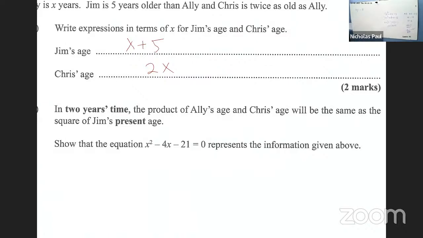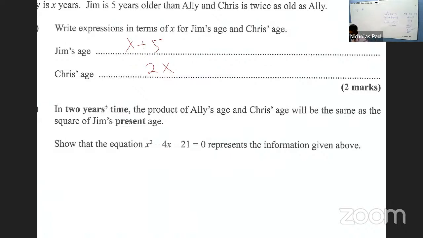All right, next question here. Read it again, and turn that information into an equation. Then multiply it out, and it should look like x squared minus 4x minus 21. So take all the information. 2 years' time means what?